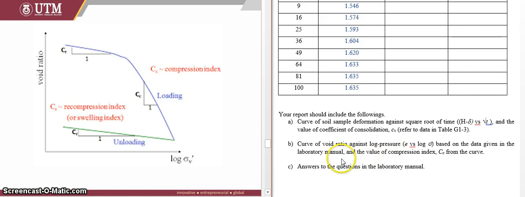Okay, so if you refer again to the data given, you need to obtain the value of the compression index. You just pick two different locations of value, and you get the slope of the curve, and then you get the CC. And if you still remember, in the laboratory manual you need to answer and discuss a few things about consolidation.